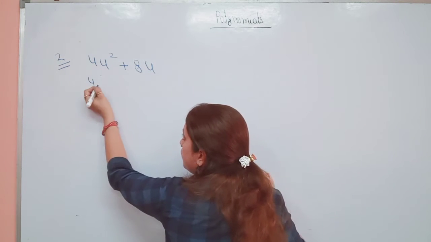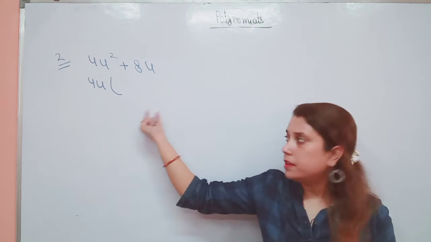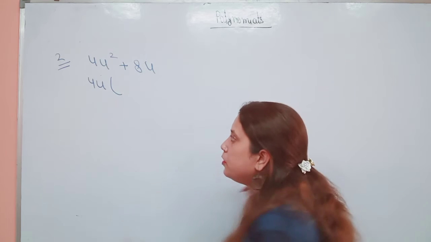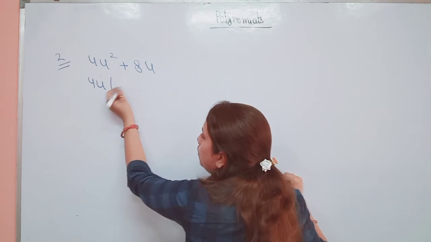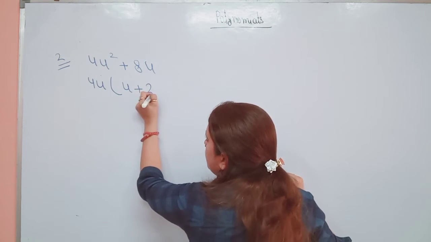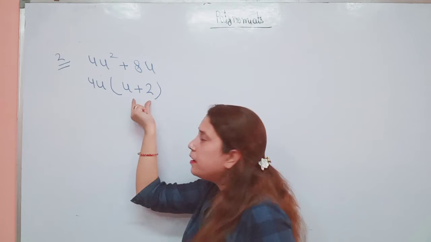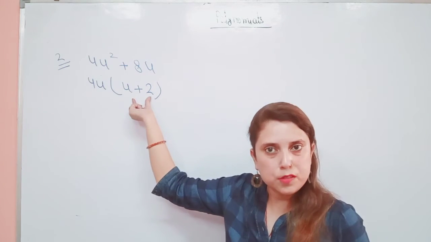U is also coming in both terms, 4u. If we take 4u as common, what will be left in the bracket? U plus 2. It means one factor is 4u and the other factor is u plus 2.